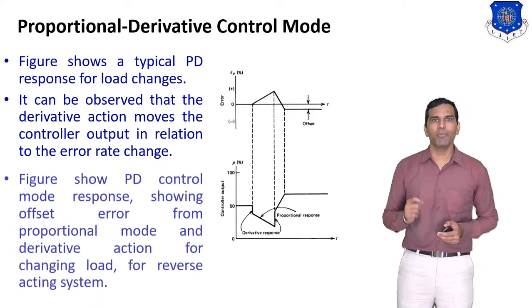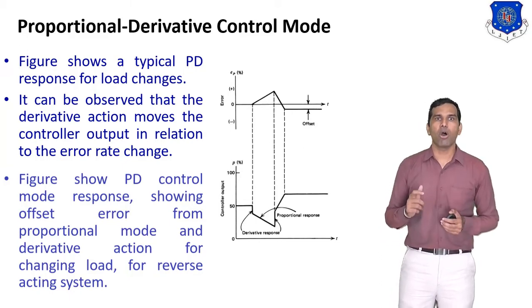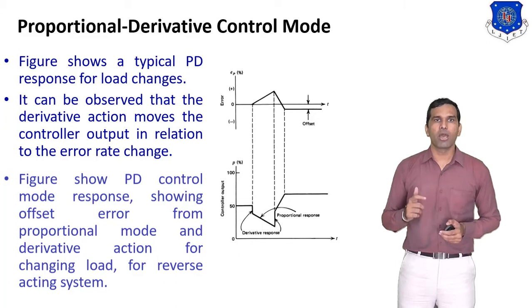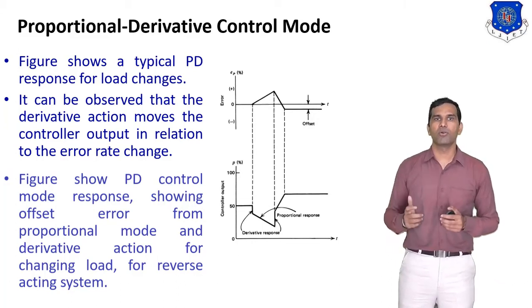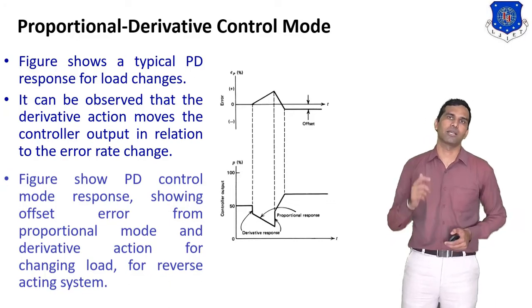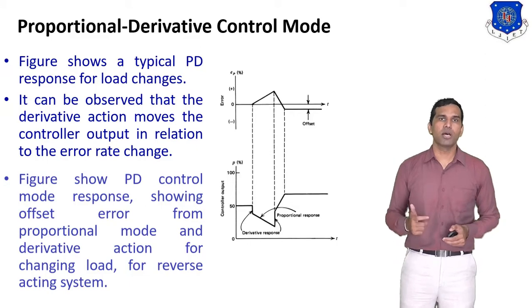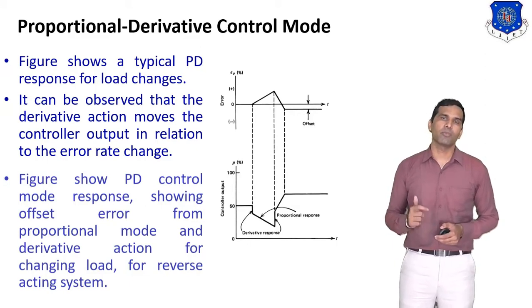The figure shows the PD controller mode response showing offset error from proportional mode and derivative action for changing load for the reverse acting system.